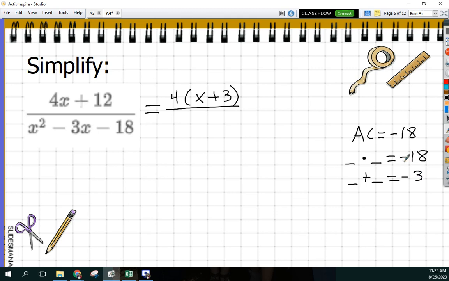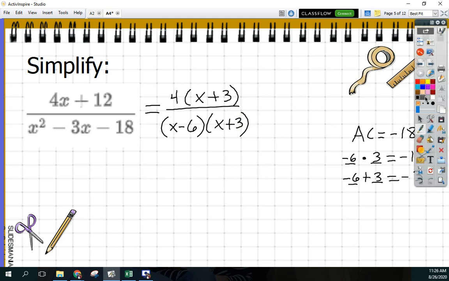However, notice that they're both negative, so one of those will have to be negative. In this case, our 3 is negative, so our 6 is what's going to have to be negative this time, or the bigger number of the two. Again, our leading coefficient is 1, so I can just use those two numbers as my constants.